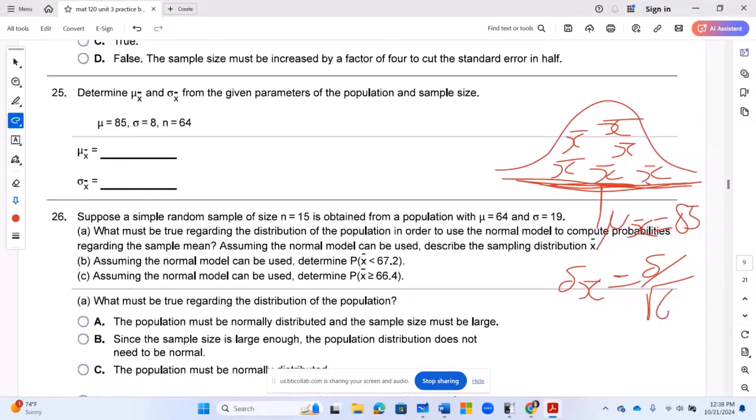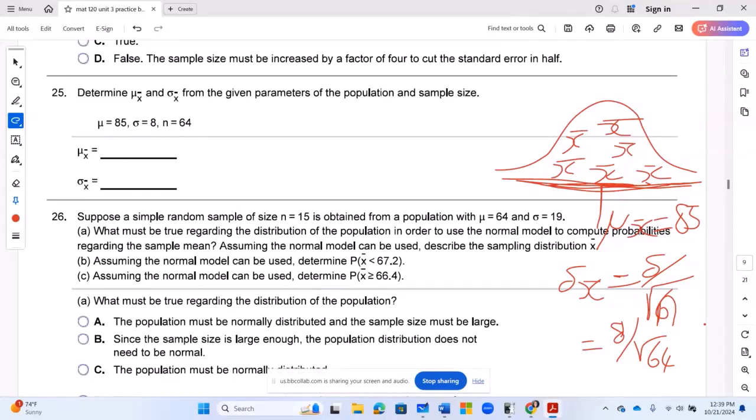The sample size is 64. When I substitute the standard deviation, I'll have 8 divided by the square root of 64. The square root of 64 is 8 also.